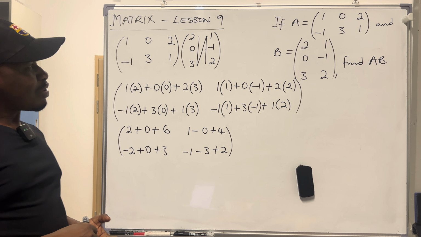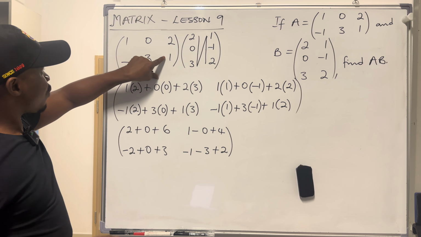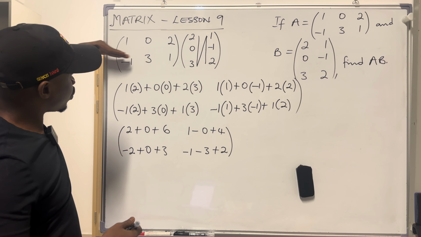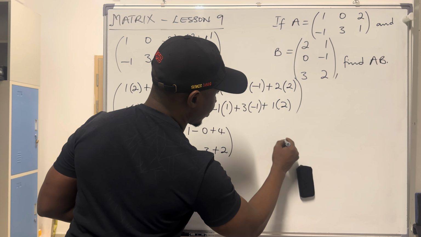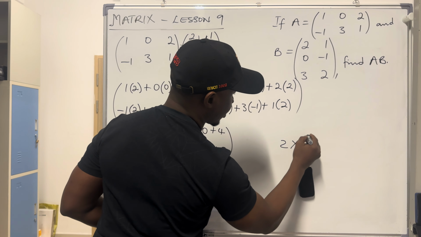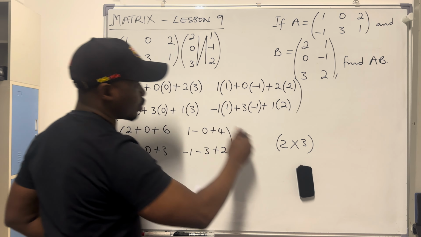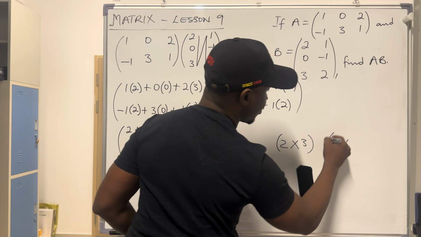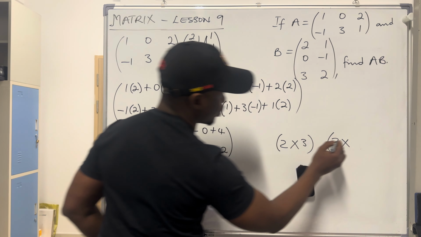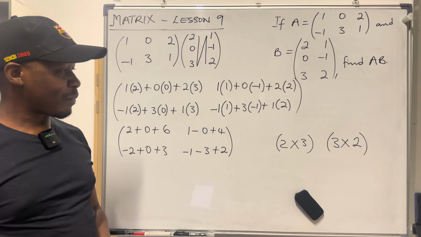Okay. Now, there is also another important thing I want to explain. The order of this matrix is 2 by 1, 2, 3 columns. The order of this matrix is 1, 2, 3 rows by how many columns? 1, 2 columns. Two sensible things I want you to note here.